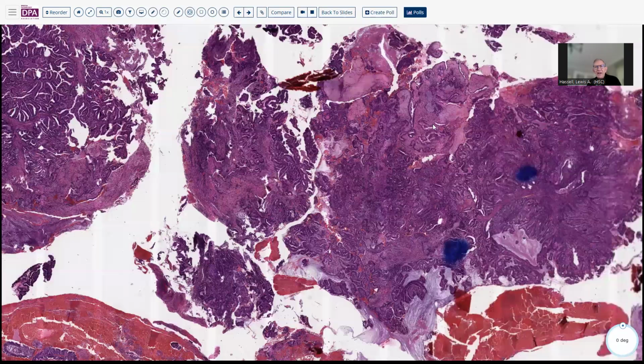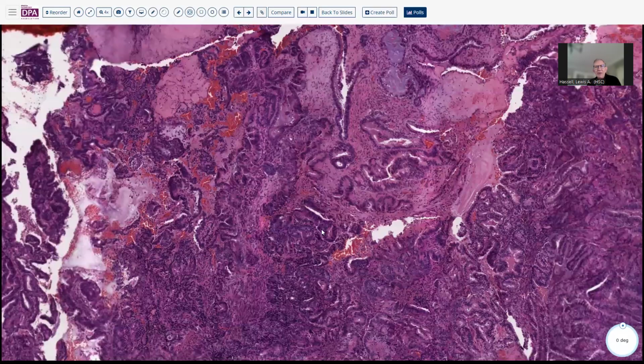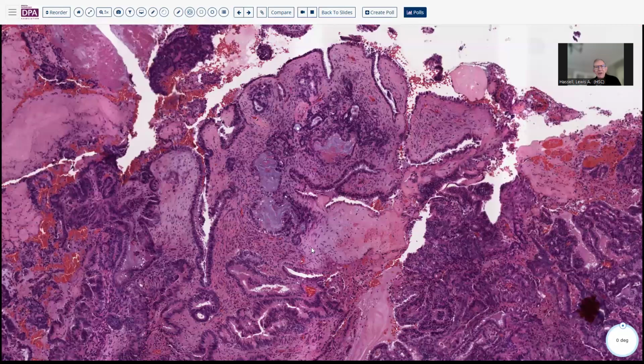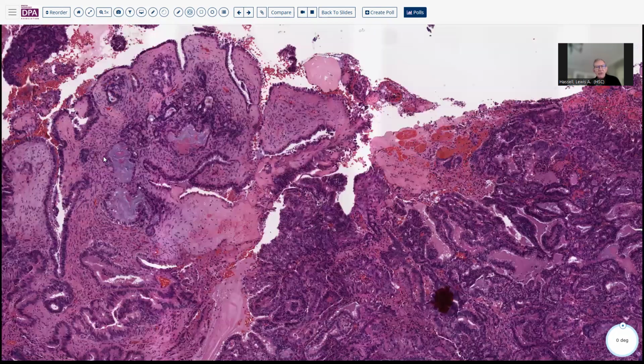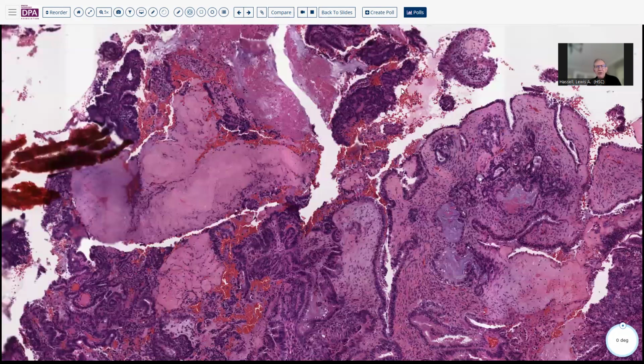Usually you will not see definite features of invasion in the curettage, although sometimes you may see evidence of dystrophy and so forth. But any degree of stromal presence in these lesions should be carefully investigated. There may be areas of dedifferentiation. There may be areas of sarcomatous transformation.